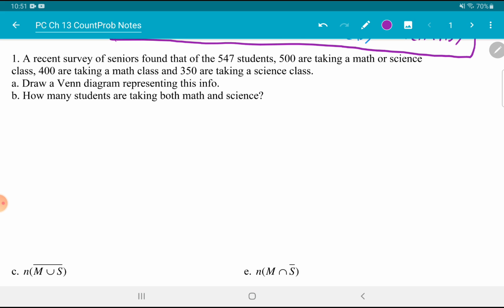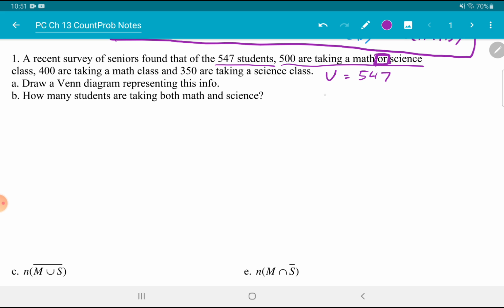So as I read this problem, what I see here is that we have 547 total students. That's going to represent our universal set. So I'll just go ahead and say that U is equal to 547. It also says that 500 students are taking math or science, and one big word that I see there is "or."